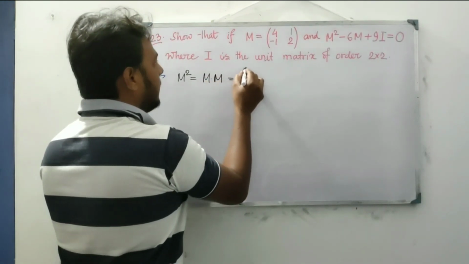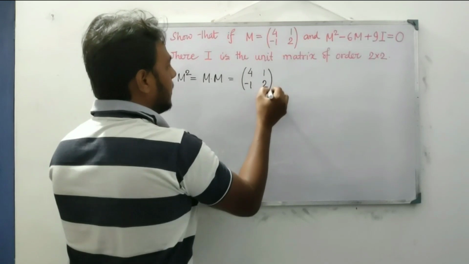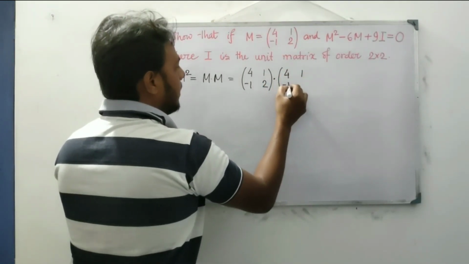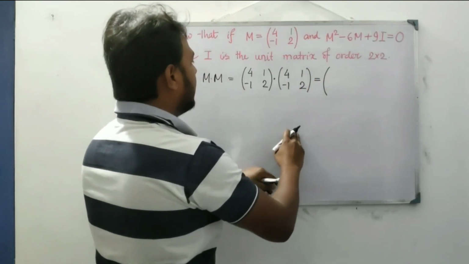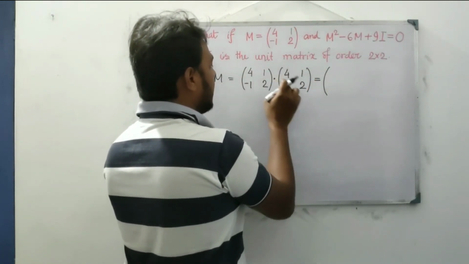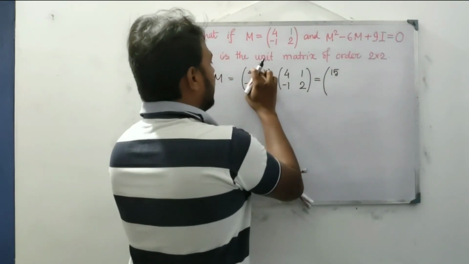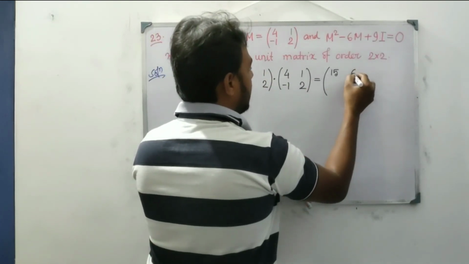So put the value of m, then 4 minus 1, 1, 2. Again write 4, 1, minus 1, 2. If you multiply these two, then it will be 4 fours are 16 minus 1, that means 15. 4 1s are 4 plus 2 1s are 2, so 4 plus 2, 6.